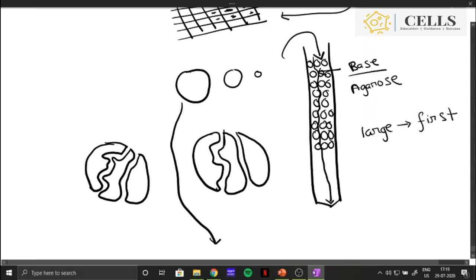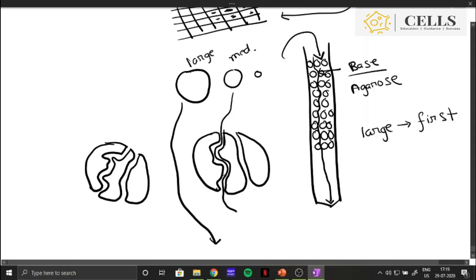Now coming to the medium ones. The medium ones will enter a few of the large pores. For example, the medium one entered this pore, and the distance it travels is more than the large one.